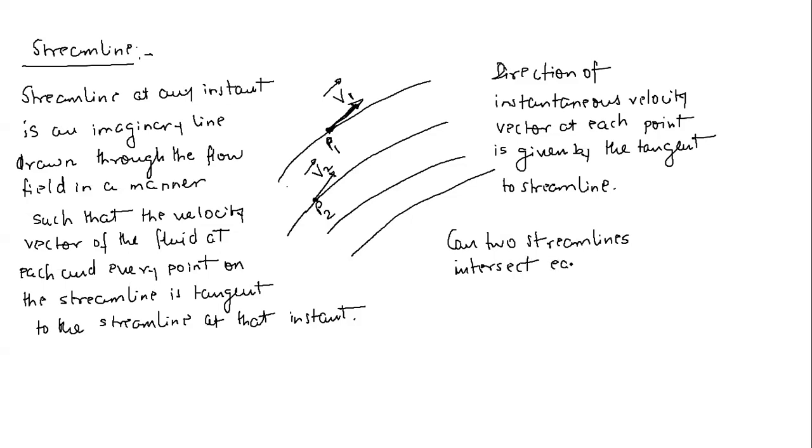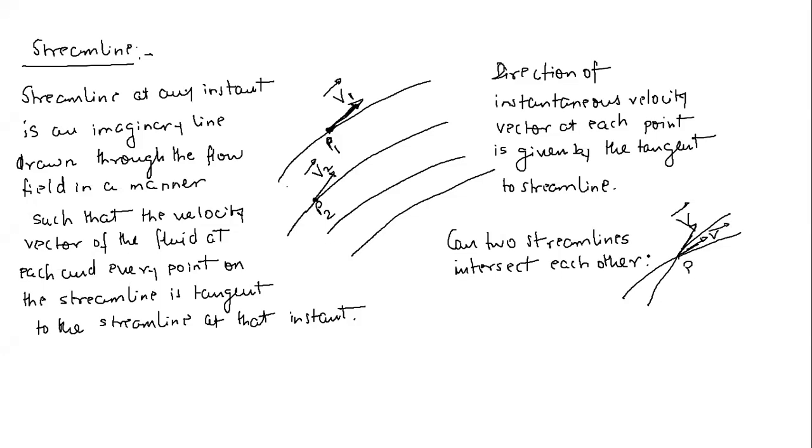Because there will be two slopes, which is not possible. Yes. Let's say two streamlines are crossing each other at one point. If I take this point, this tangent represents the velocity vector in this direction. And again at the same point, the tangent to the other streamline represents the velocity vector in that direction.